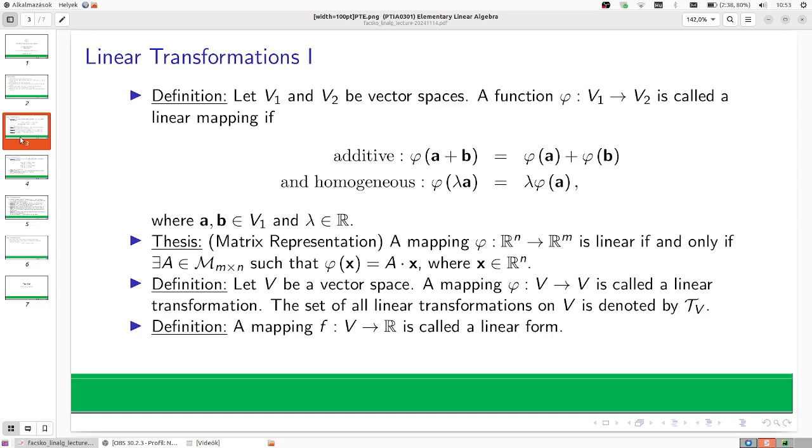We call the function a linear mapping if for all a and b vectors we have this additive feature, and for a vector a and a lambda scalar we have this homogeneous feature.